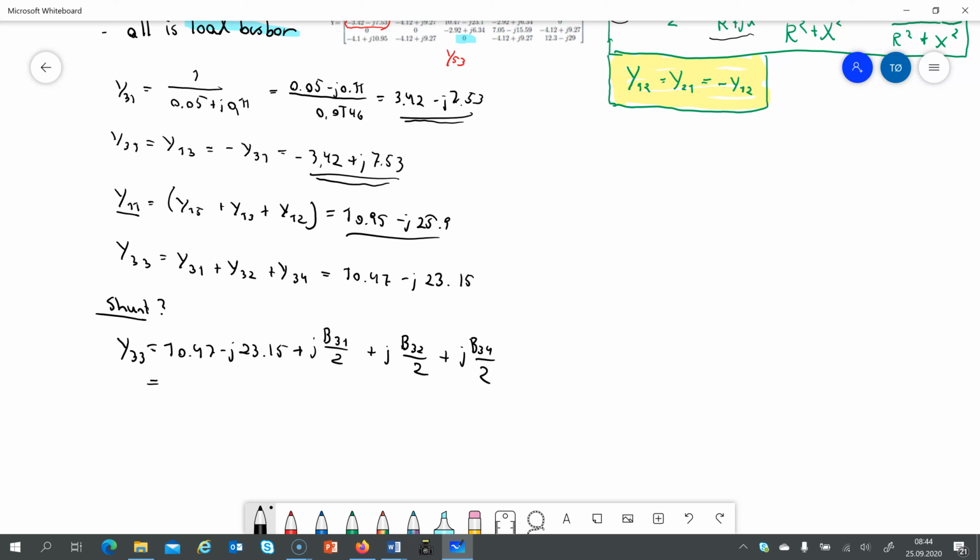That gives a value of 10.47 minus j23.11. A little bit smaller value on the complex part.